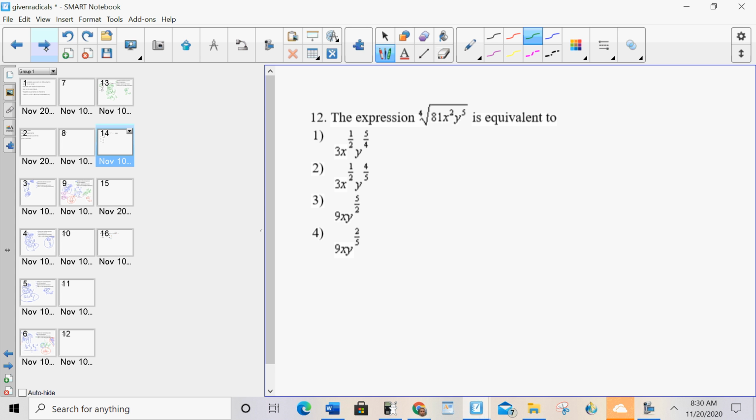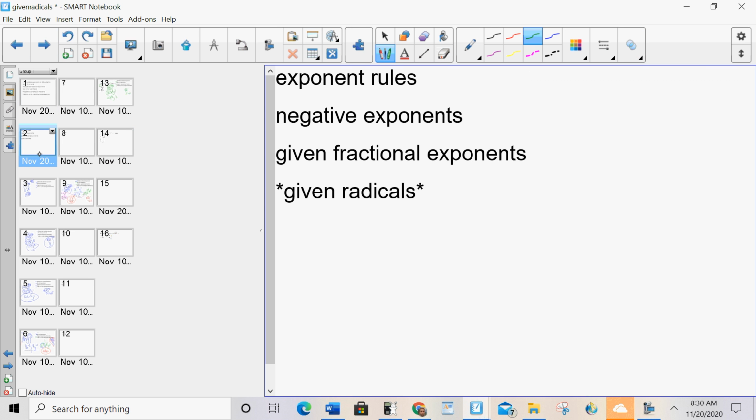So listen, this is a very important lesson. It's the culmination of 4 lessons. I wrote them here. Exponent rules led to negative exponents, led to given fractional exponents, leads to this lesson, given radicals. After this, we're going to practice a little bit more, but nothing new. We're going to talk about a few tricks and whatnot in there.